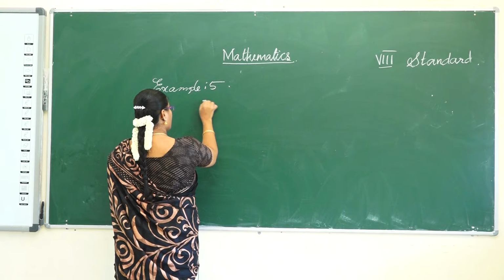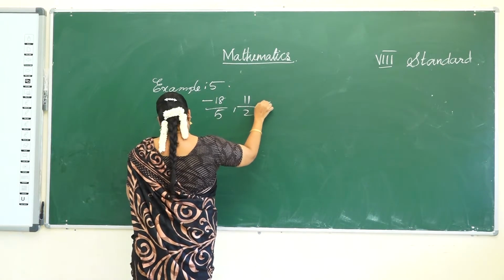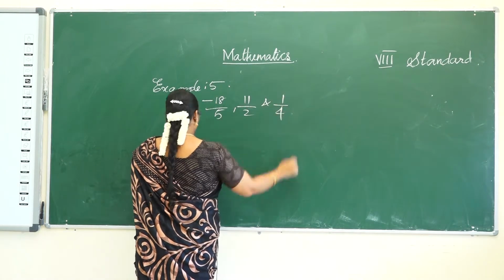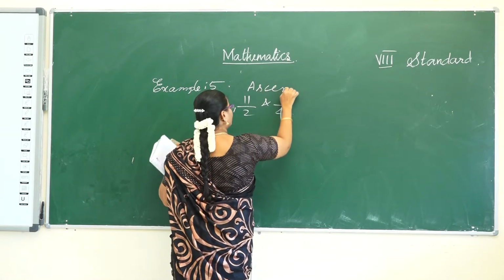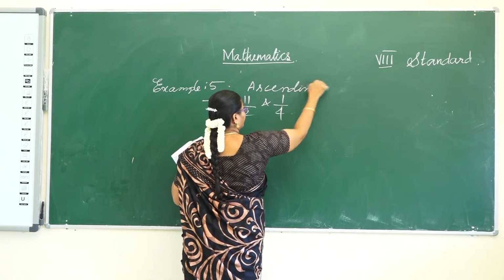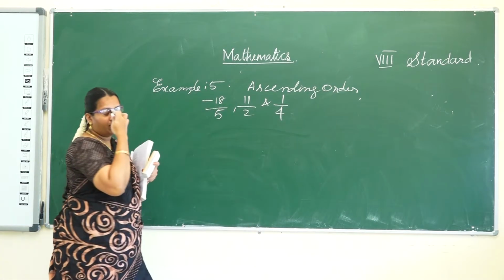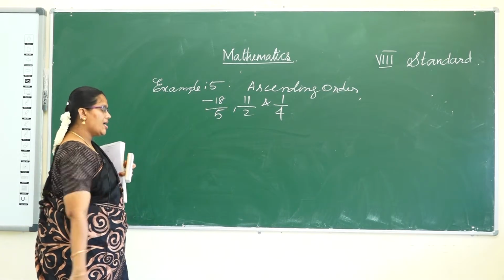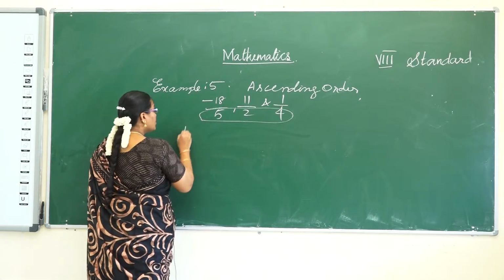Here 3 numbers are given: minus 18 by 5, 11 by 2 and 1 by 4. Arrange in ascending order. First the denominators must be the same, then only we can arrange in ascending order. So first of all find the LCM for these 3 values.